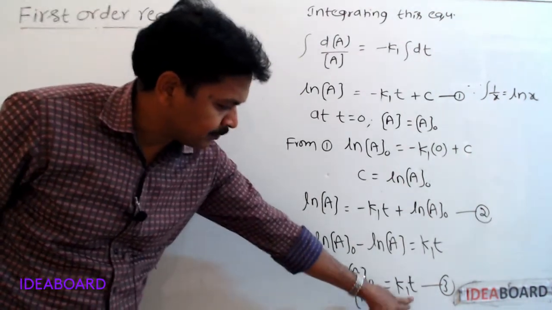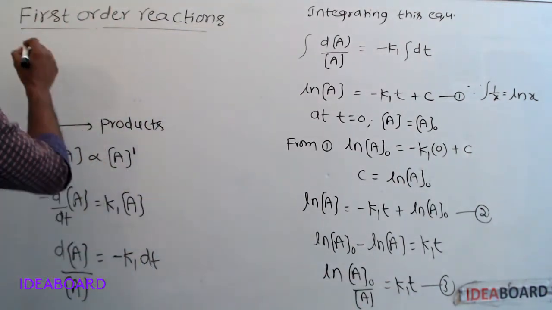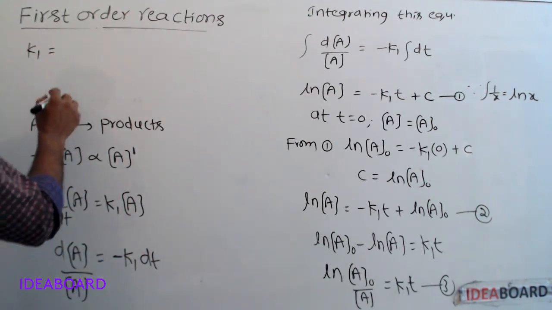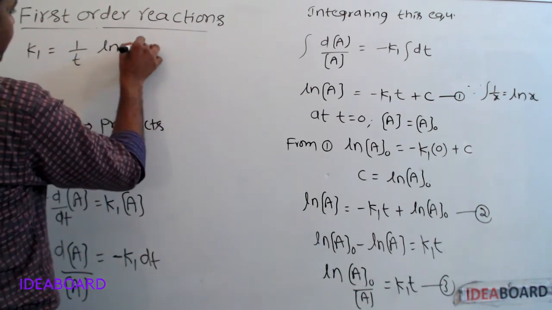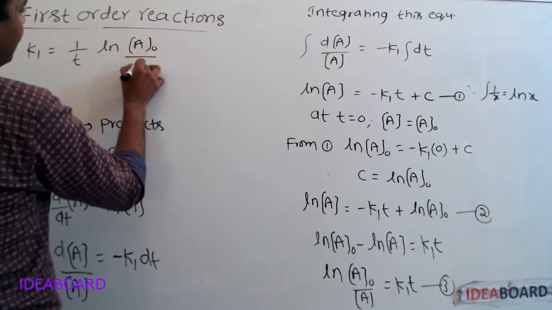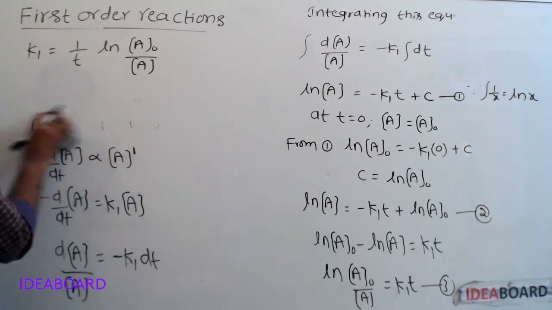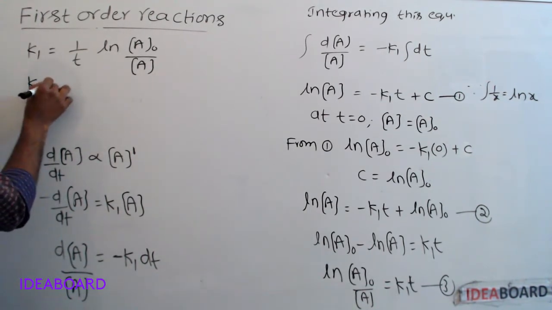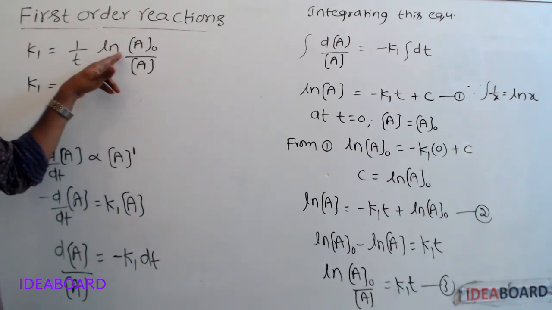This K1 is the first order reaction rate constant. K1 is equal to 1 by t log of A naught by A. This is a natural logarithm, here base e is there.